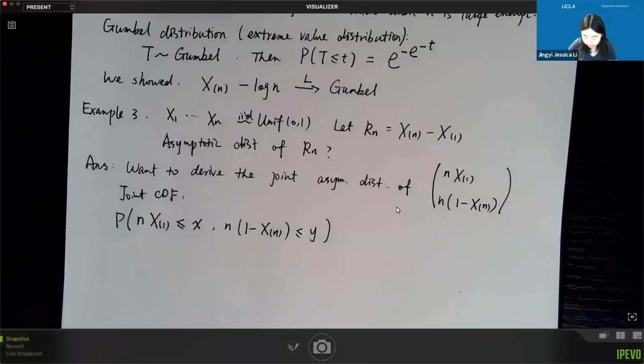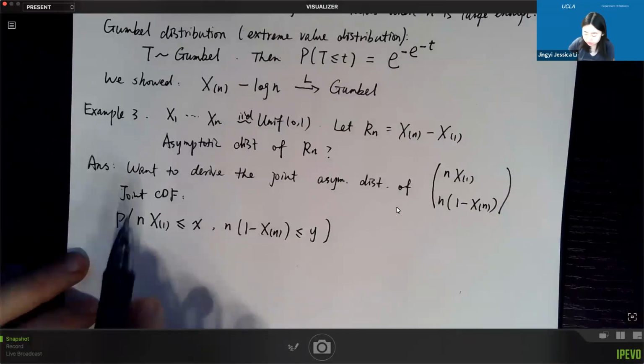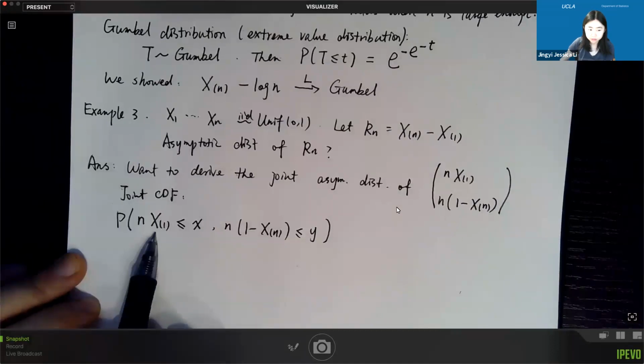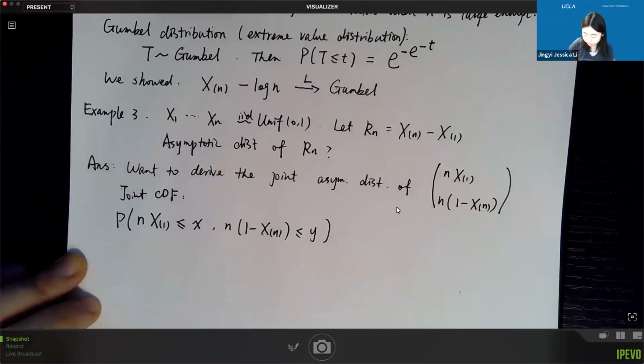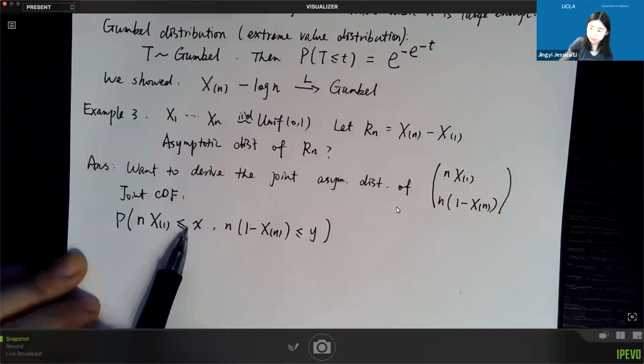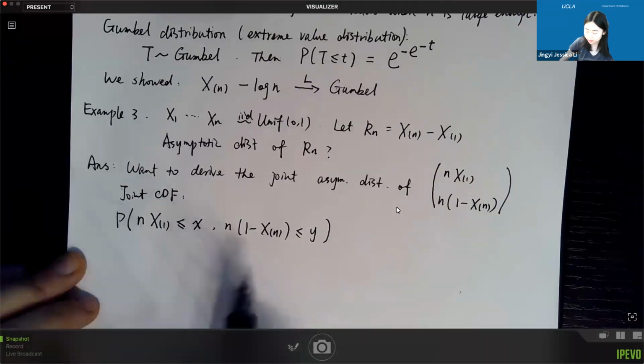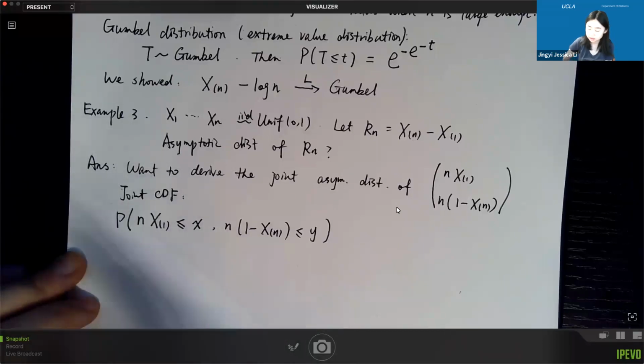The reason is that if we say the minimum is less or equal than something, we don't know what to say about x1 to xn. But if we say the minimum is greater than something, then we can say all the n random variables are greater than that thing. That's easier to work with. And similarly for the maximum, it's not easy to talk about the maximum being greater than something, but it's easy to talk about the maximum being less or equal than something.